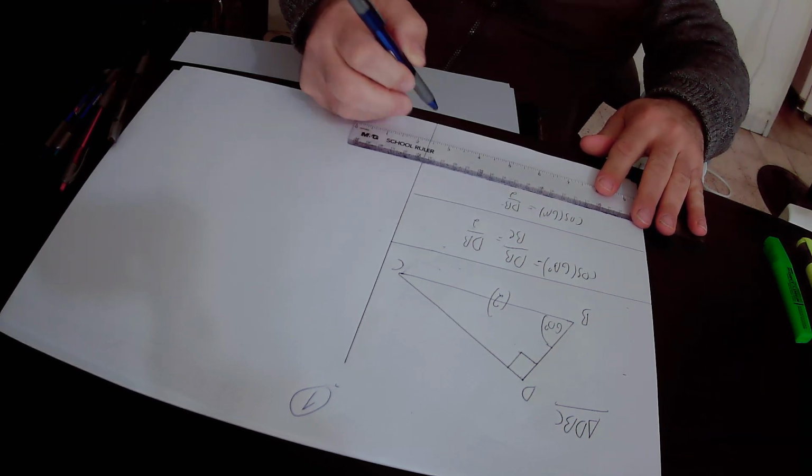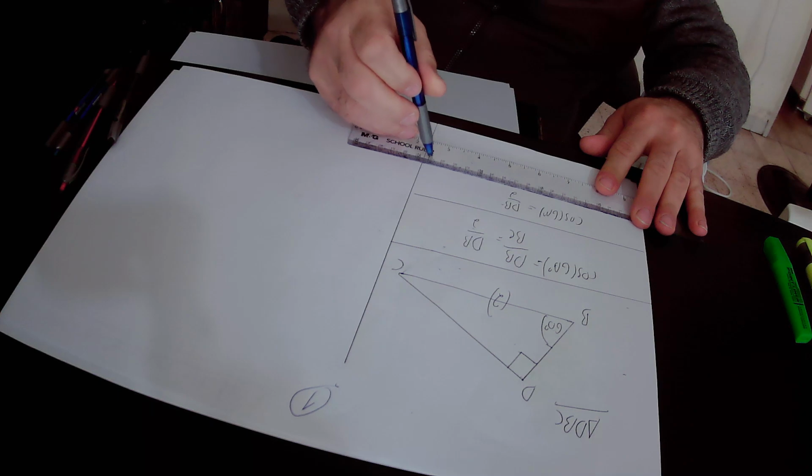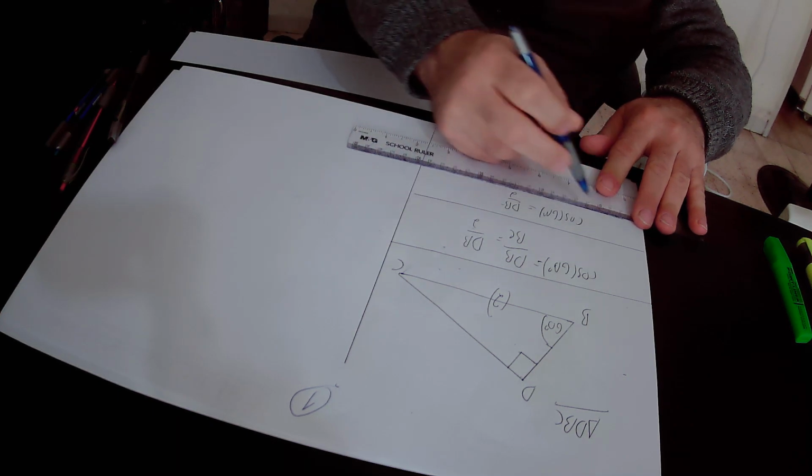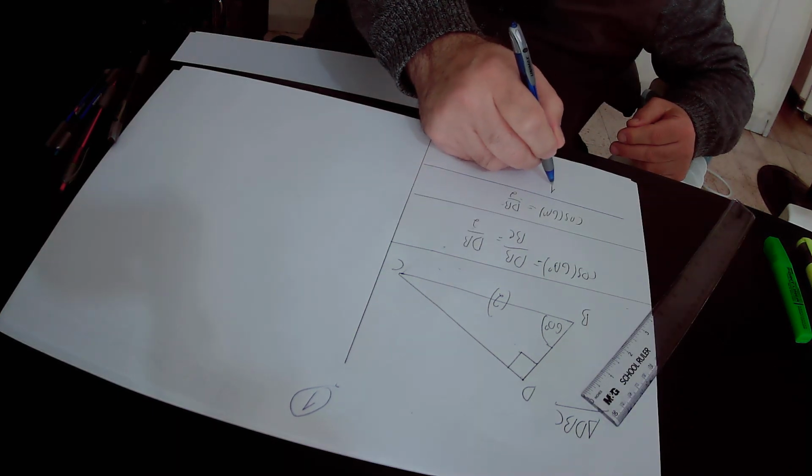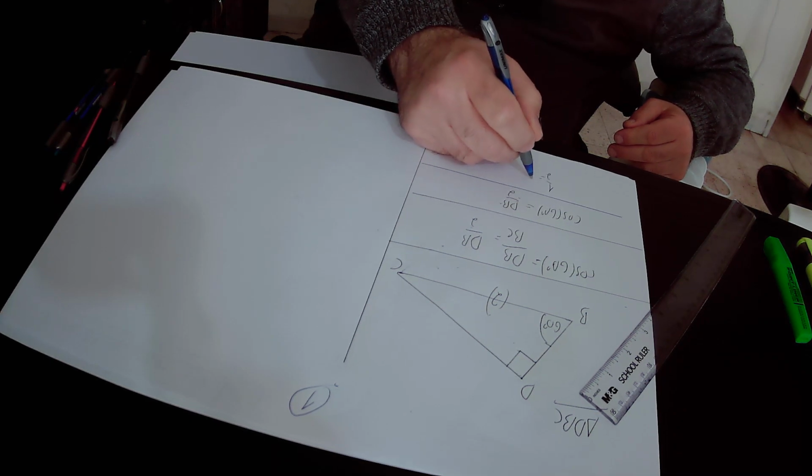Cosine 60 degrees is 1/2. So 1/2 equals DB over 2.